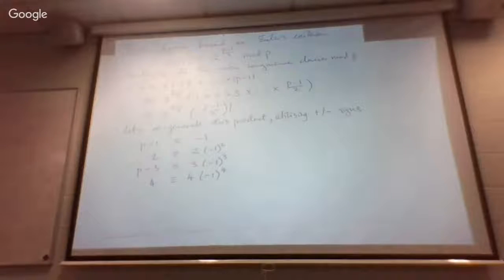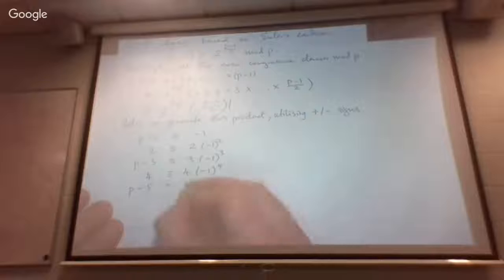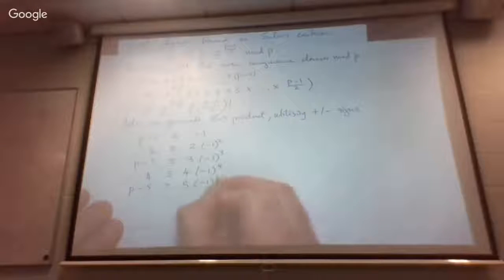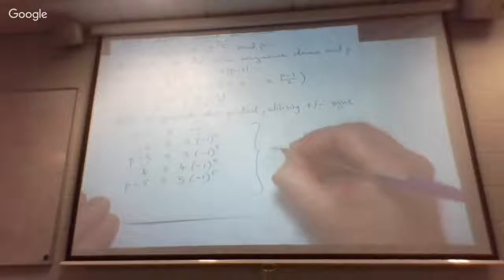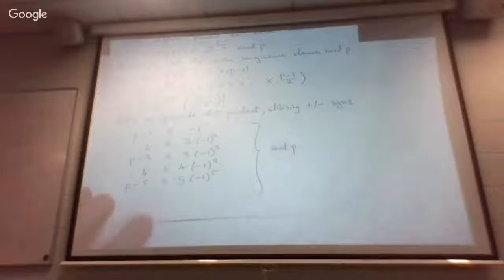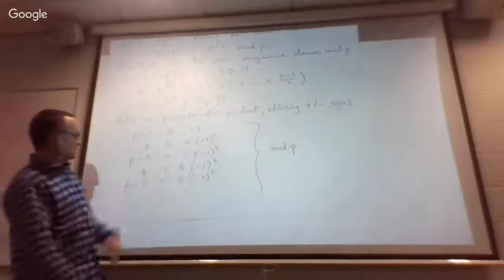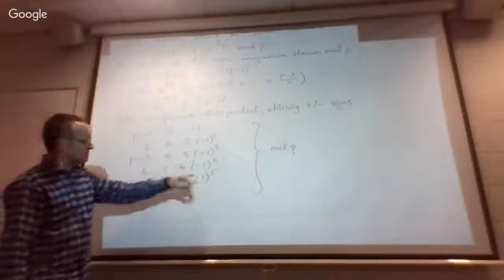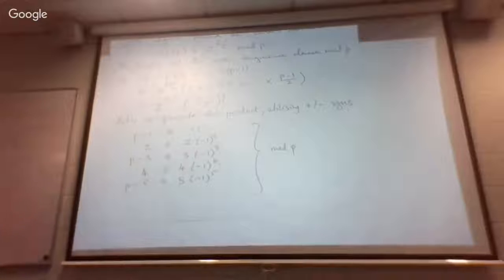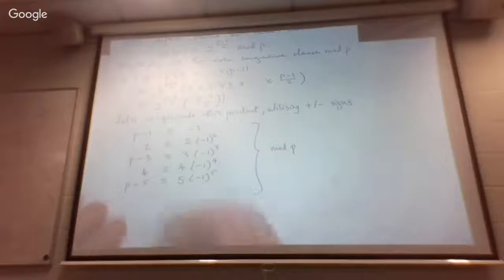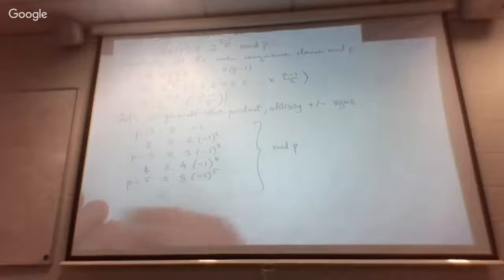It feels a little bit tricksy, this, to be honest. But all these are congruence classes modulo p. You can't argue with any one of those statements, they're all correct. 4 is congruent to 4, p minus 5 is congruent to minus 5. Now, what will the last one here be?